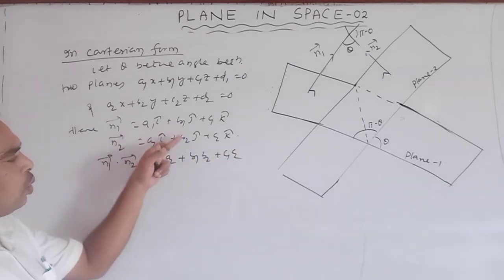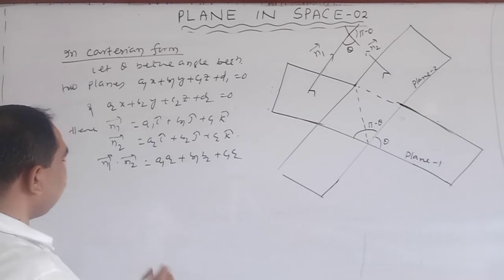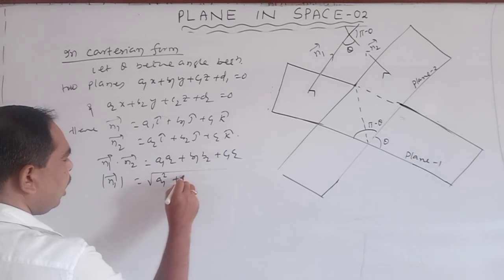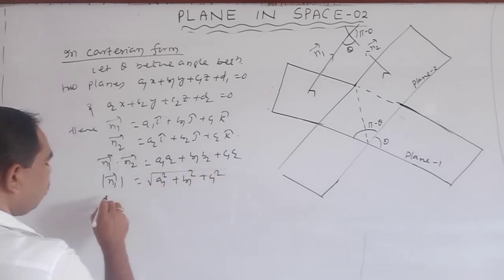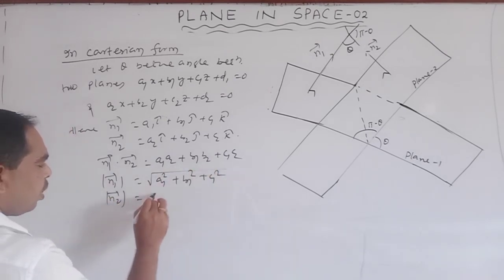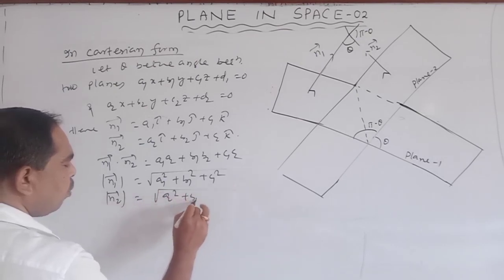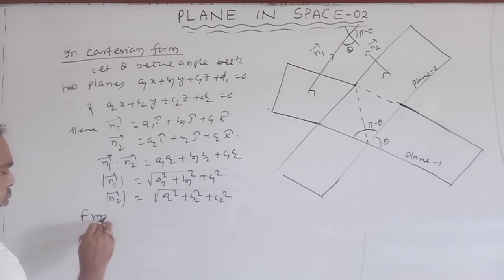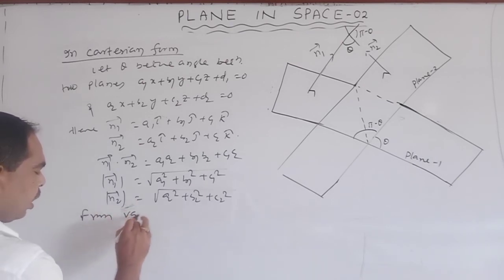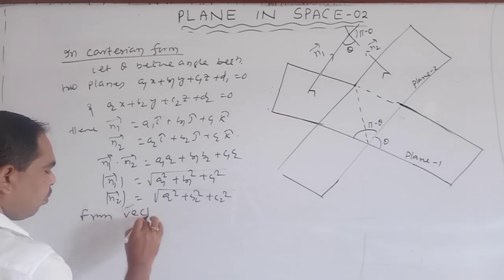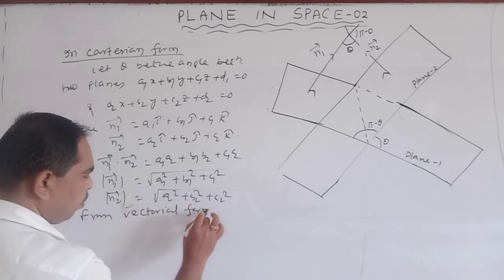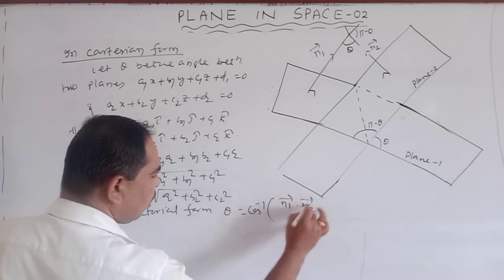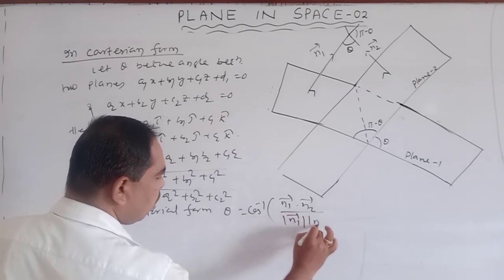a1 a2 plus b1 b2 plus c1 c2. Mod of n1 is square root of a1 square plus b1 square plus c1 square, mod of n2 vector is square root of a2 square plus b2 square plus c2 square. So from vectorial form, theta is equal to cos inverse n1 vector dot n2 vector divided by mod of n1 into mod of n2.